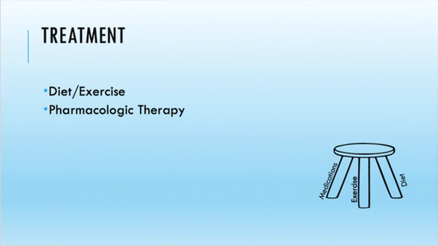So with treatment, you want to think of management as a 3-legged stool, right? You've got the picture here of one. You want to think of it as diet, exercise, and medications. You want a well-balanced diet with a controlled amount of carbohydrates.